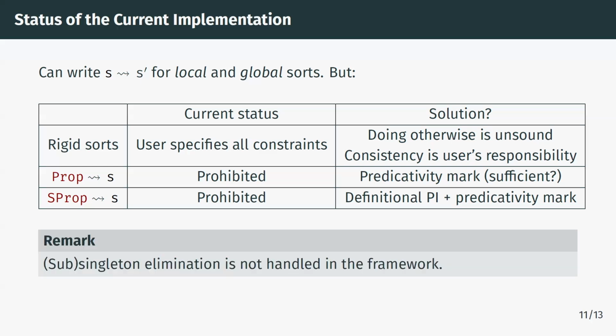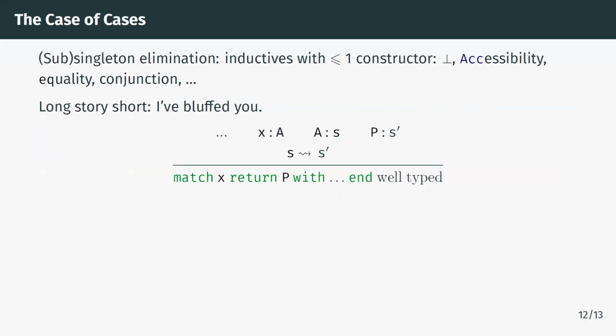So there's still something I haven't talked about in the whole of this talk, which is that elimination constraints do not work with singleton elimination, subsingleton elimination. So what is subsingleton elimination? It's when you have inductives with at most one constructor, and we give them large elimination even if they are in prop.